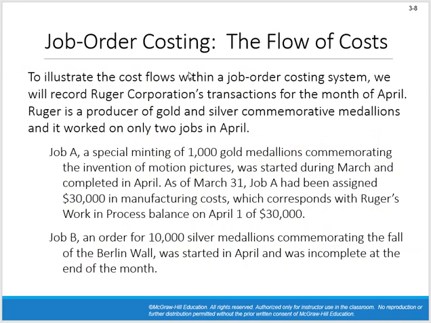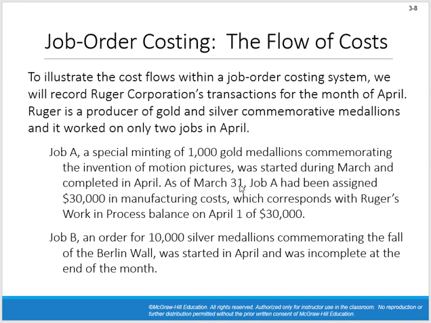So we're going to look at this example with Ruger Corporation. We've got Ruger Corporation's transactions for the month of April. They're a producer of gold and silver commemorative medallions, and they only worked on 2 jobs in April, conveniently Job A and Job B. Job A, a special minting of 1,000 gold medallions commemorating the invention of motion pictures, was started during March and completed in April.